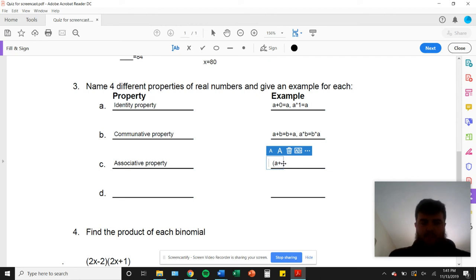So A plus B, in parentheses, plus C, also equals A plus B plus C.